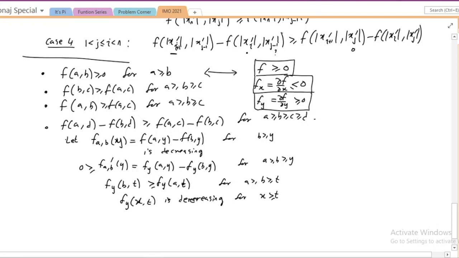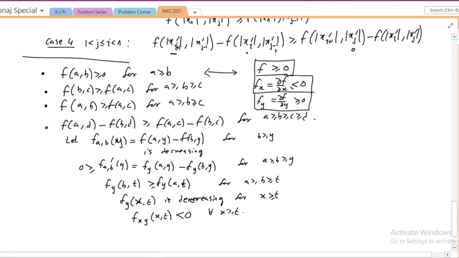Okay, so that's the interpretation of this. In terms of derivative, that just means that if you take derivative with respect to the first coordinate, so that's fyx or fxy of x, t is going to be less than 0 for all x greater than or equal to t.